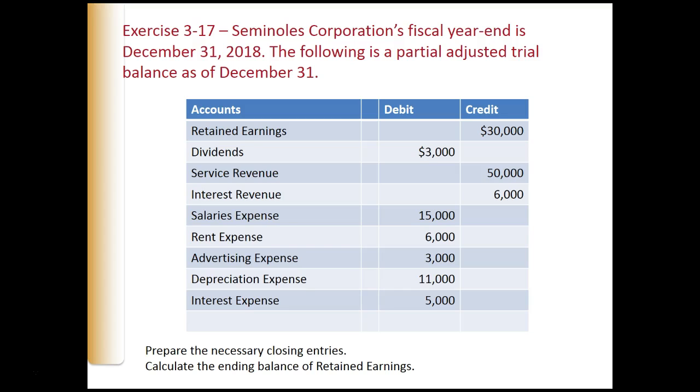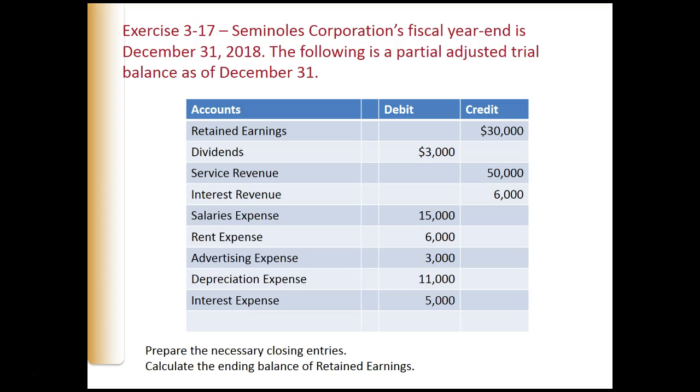So in the back of the chapter, we're going to look at an exercise 317, Seminoles. Seminoles Corporation's fiscal year end is December 31st, 2018, and the following is a partial adjusted trial balance as of December 31st.